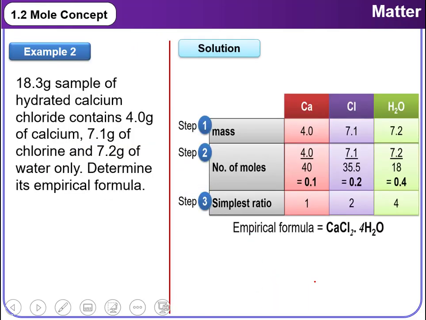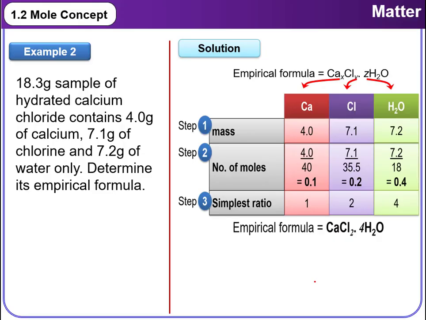The next example is in the form of a hydrated compound, which is hydrated calcium chloride. You are given an 18.3 gram sample of hydrated calcium chloride that contains 4 gram of calcium, 7.1 gram of chlorine, and 7.2 gram of water only. Determine its empirical formula.